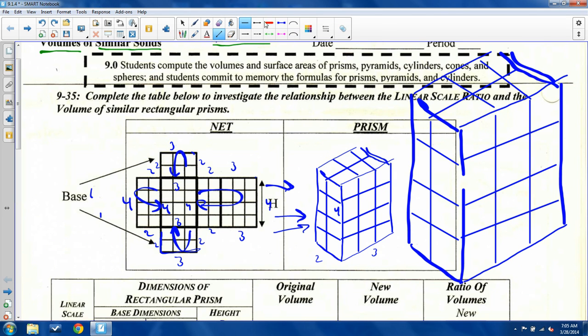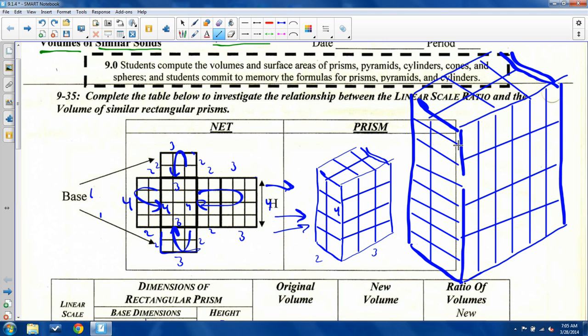I'll draw some more things in right here. So before this length was 3, now this length is twice as big, so it's 6. That's why I'm drawing in some more things within here. This is 6. This is 8 now instead of 4.